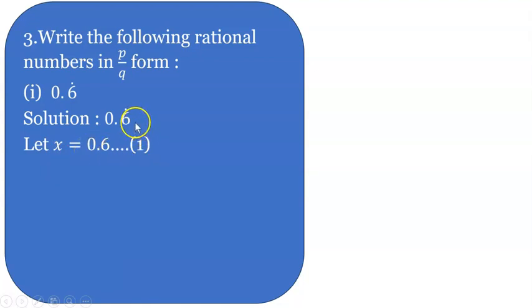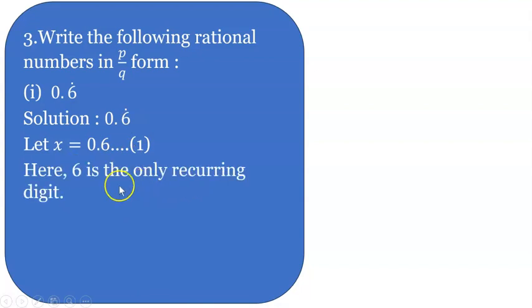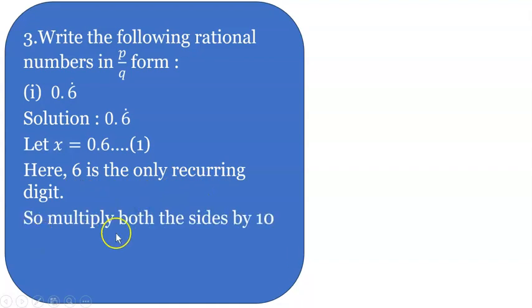The single digit 6 is repeating here, therefore we will multiply. 6 is the only recurring digit, so multiply both sides by 10. Therefore 10x is equal to 10 into 0.6666. Then you will get here 10x is equal to 6.6666. This is expression number 2.